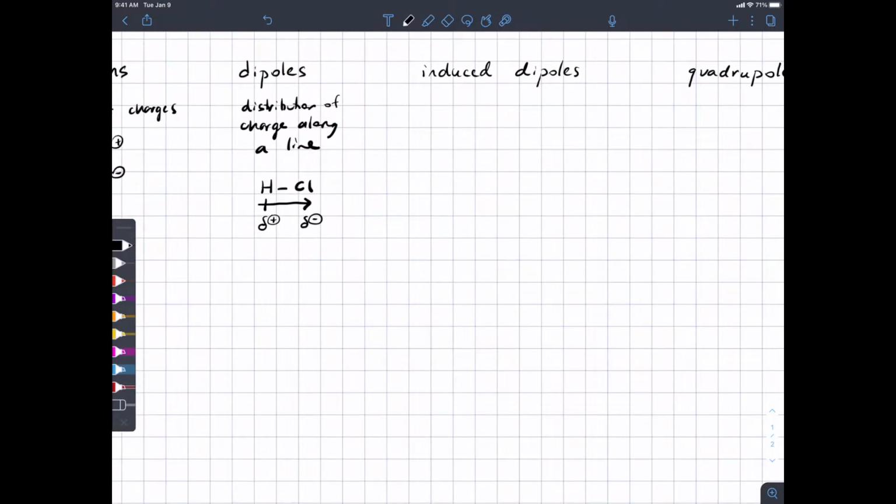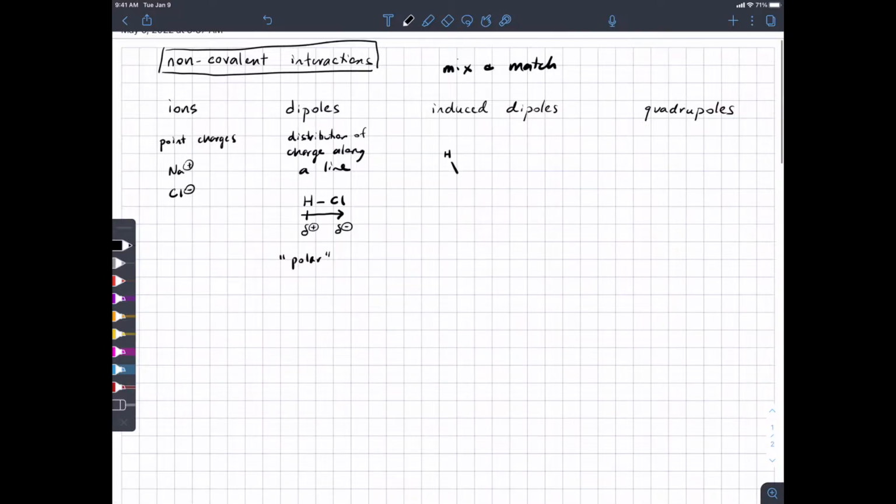Induced dipoles are another weird type of thing. We see these most often with things that are not very polar in and of themselves. Molecules that have dipoles or charges are often called polar. But if we draw, say, this hydrocarbon, the difference in electronegativity between carbon and hydrogen is small, such that there isn't much of a dipole in this molecule.